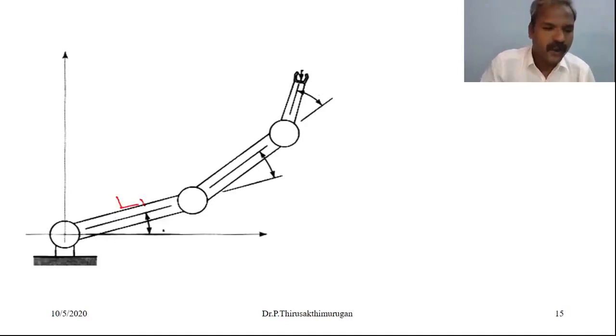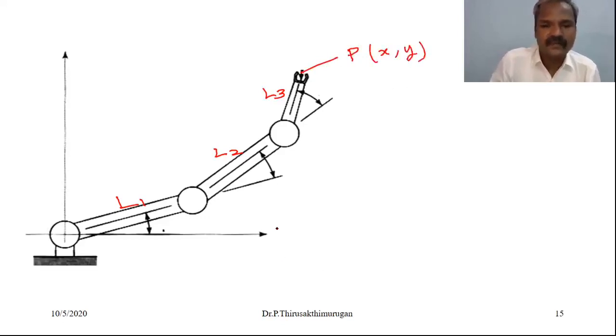This is link 1, this is link 2, this link has length L3, and this is the point P, with world space coordinates X and Y, not Z. This is the world space global parameter.